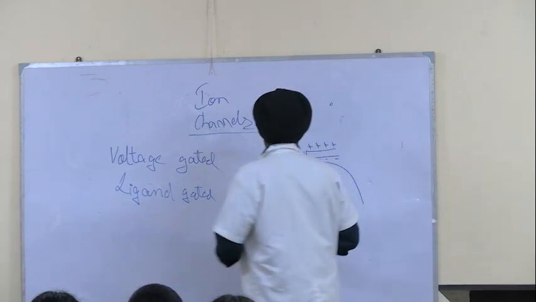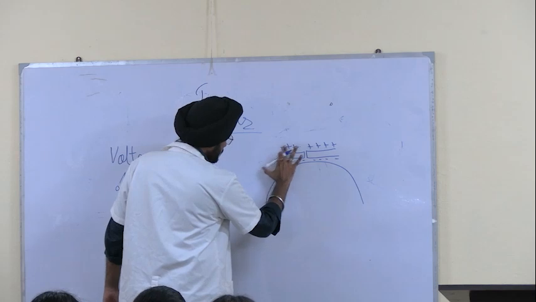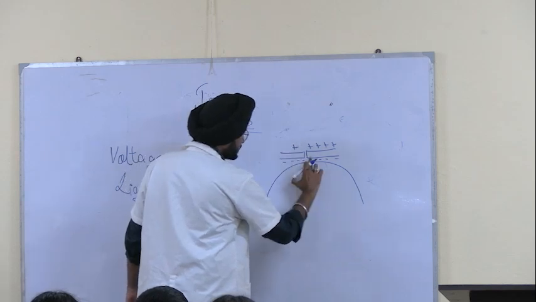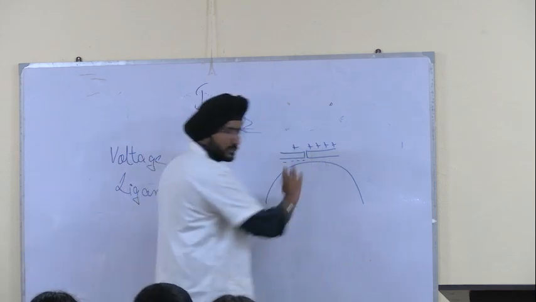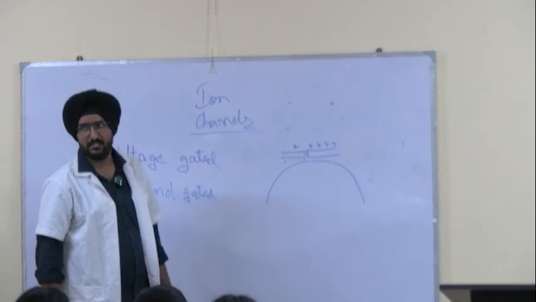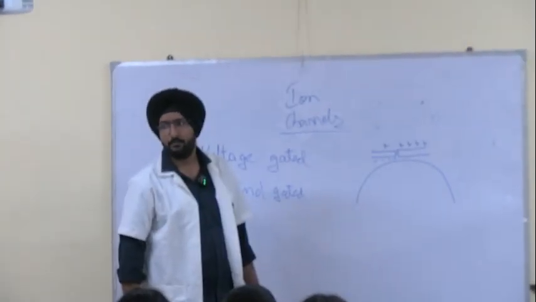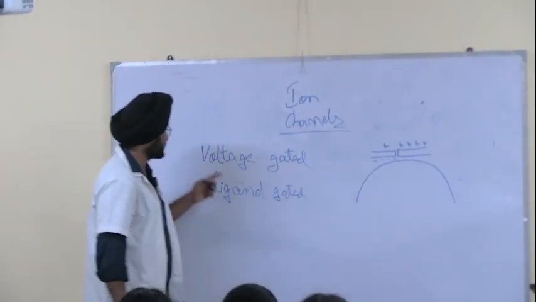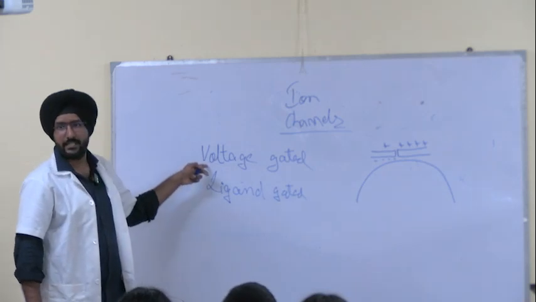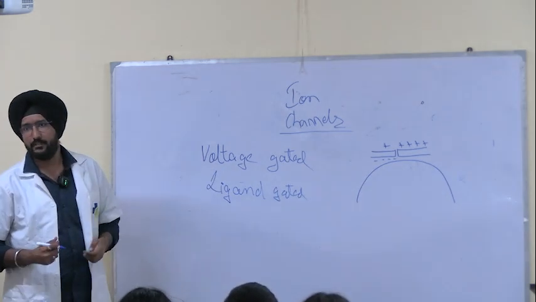Now to open this channel, what we'll do? We will disrupt this. Disrupt this what? The potential difference. Since this is a voltage gated channel, what is voltage actually?